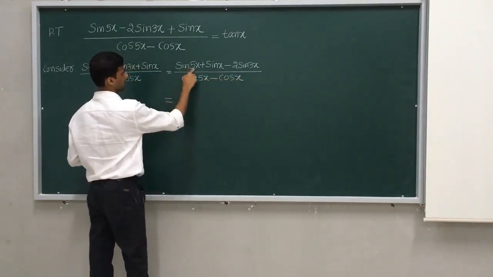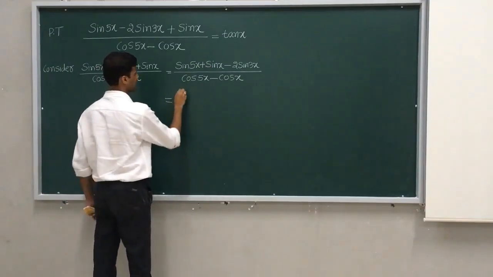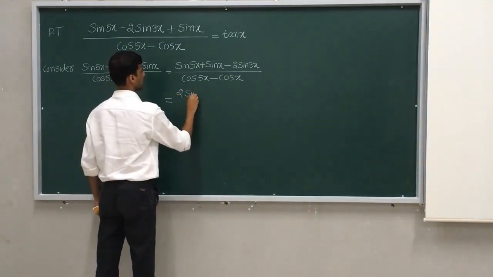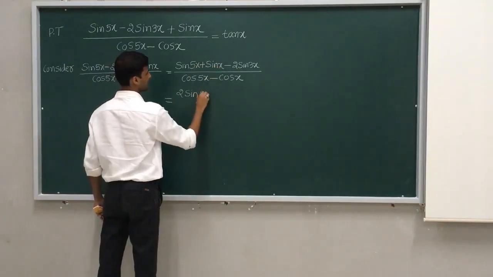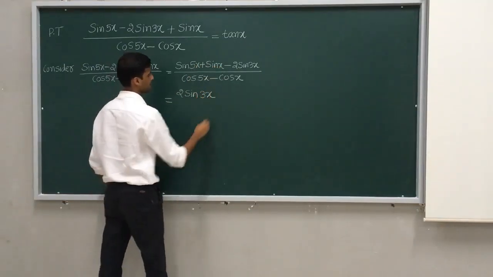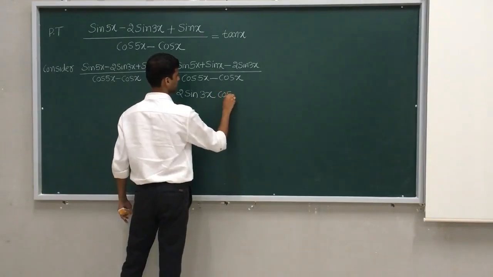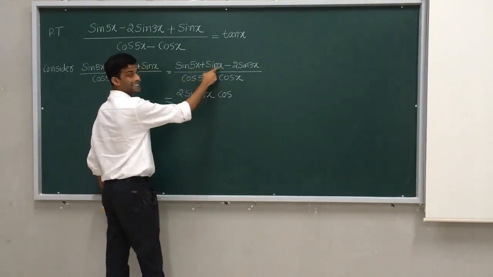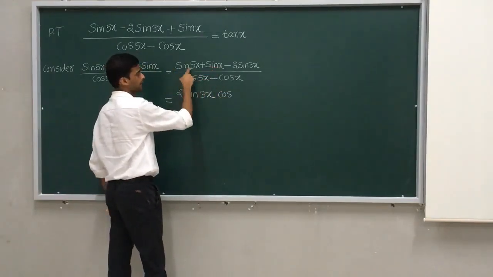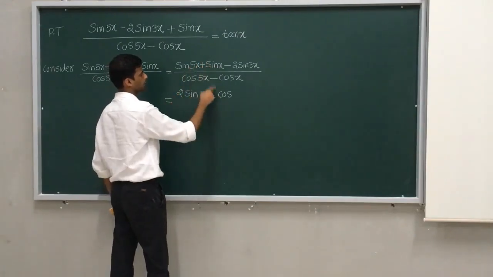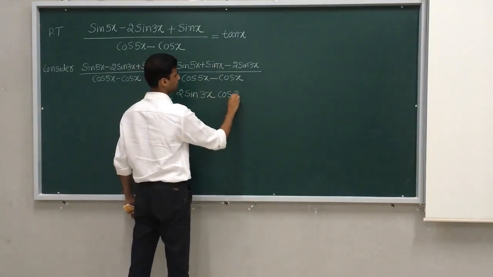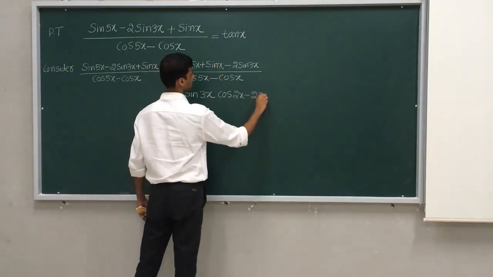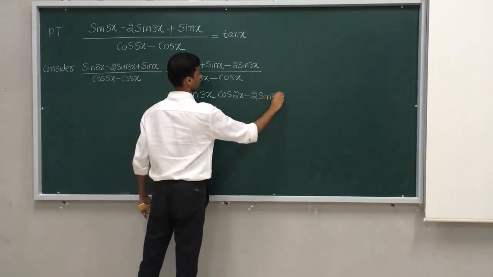Now it looks like sin x plus sin y. We all know the formula. 2 sin (x plus y)/2, it is 5x plus x, 6x, 6x by 2 is 3x. Let me write the answer directly, into cos (5x minus x)/2. You just check the formula: sin x plus sin y is 2 sin (x plus y)/2 cos (x minus y)/2. 5x minus x is 4x, 4x by 2 is 2x. Minus 2 sin 3x. Hope you understand.